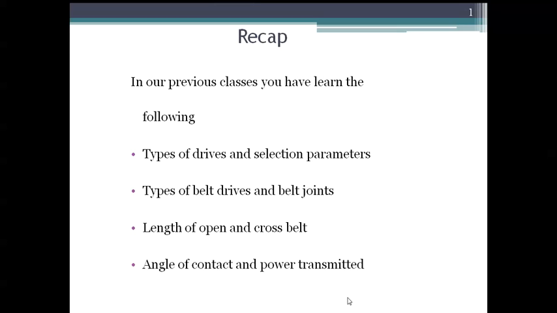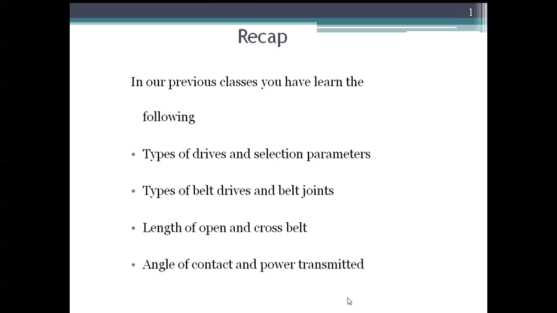So we need to design for the angle of contact of the smaller pulley, because the contact is less there, so the belt will slip first on the smaller pulley. That's why we need to find the angle of contact for the smaller pulley for the open belt drive.